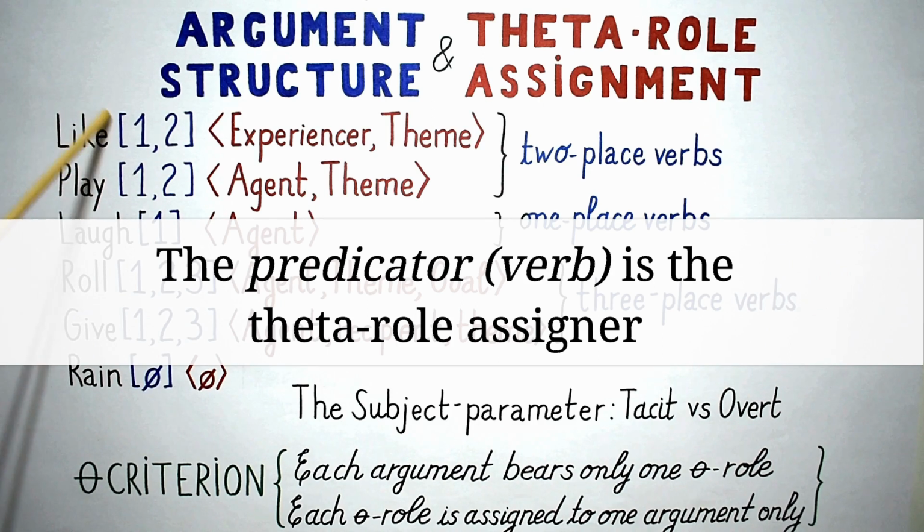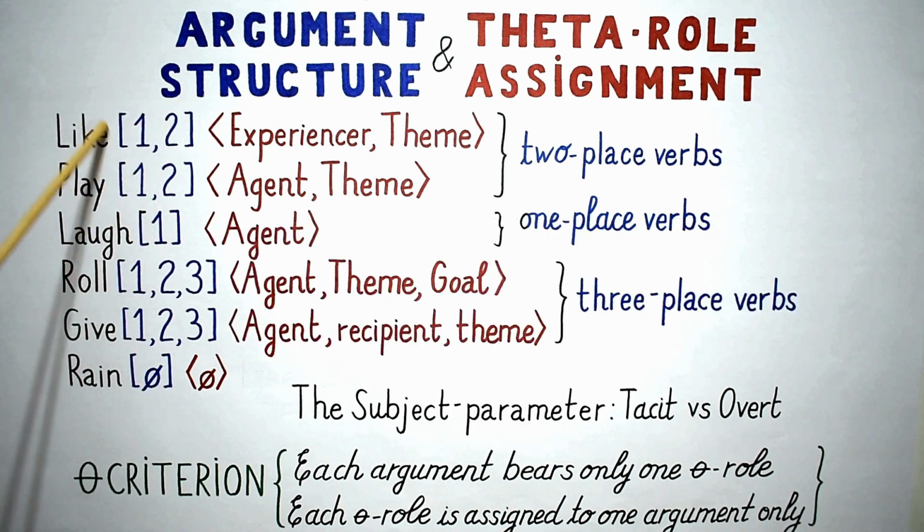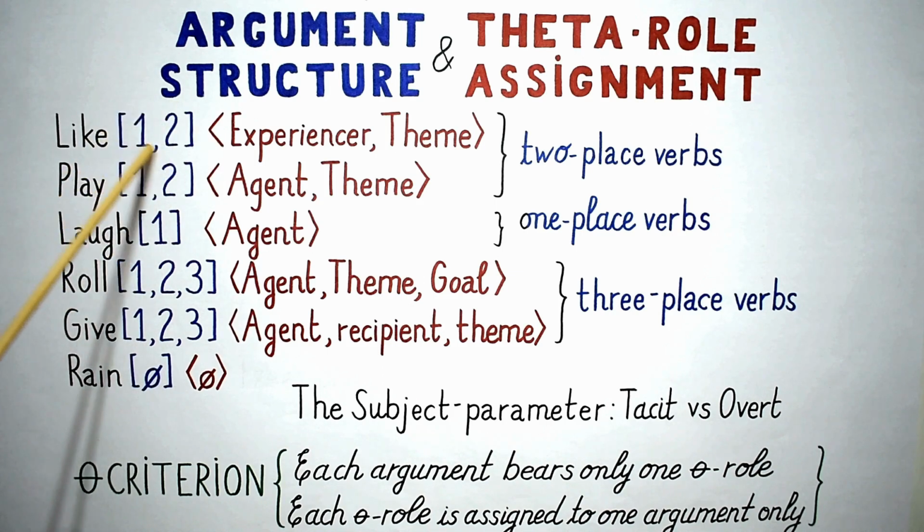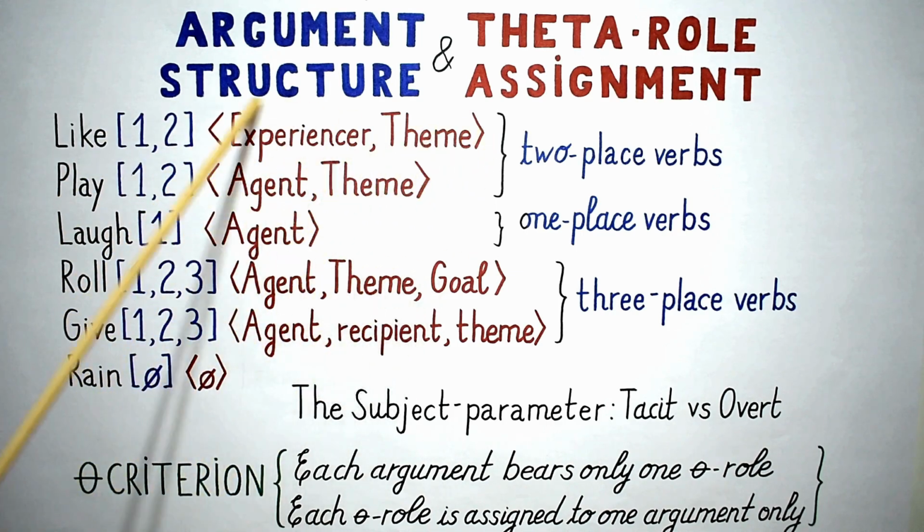And the arguments, I and tennis, will be called the theta role assignees, because these are the entities that receive a theta role. So far we get the following picture. I like tennis, two arguments, two theta roles. Each theta role can be applied only once, and each argument should receive a theta role according to the Theta Criterion.